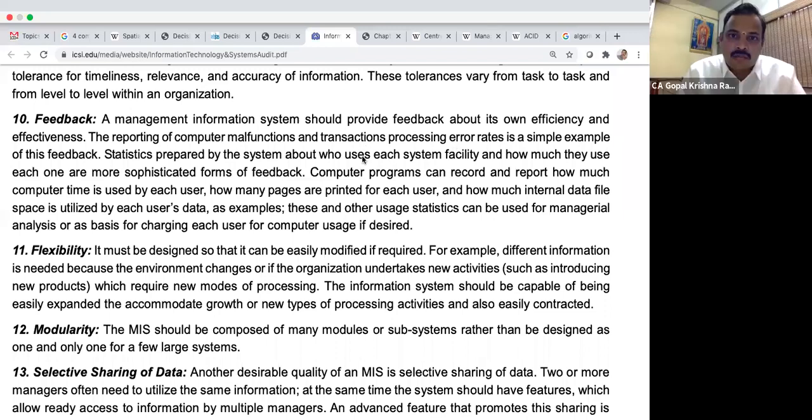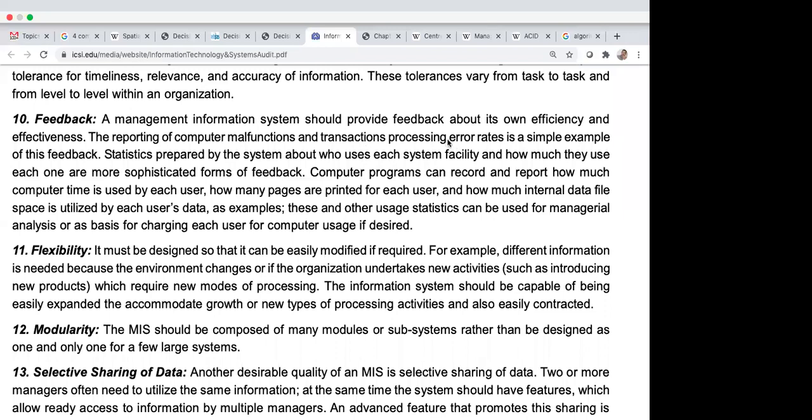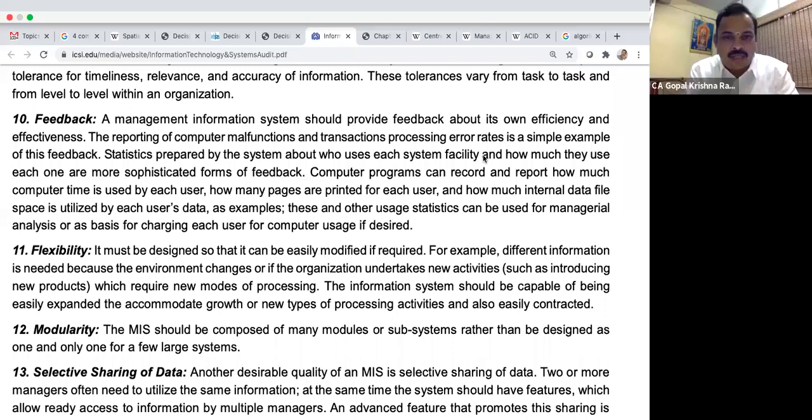Yes, please go ahead. Sir, if MIS is structured, then what about EIS, the Executive Information System? There is no structure for it, right, sir? Absolutely correct, because they don't prepare information. Information is only given to them. They only access the information, and based on that, they take a decision.